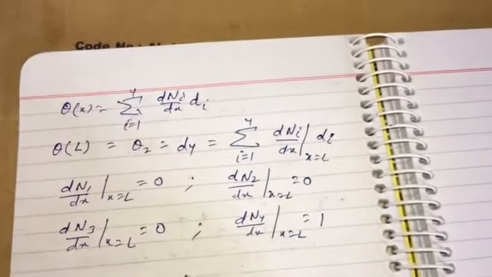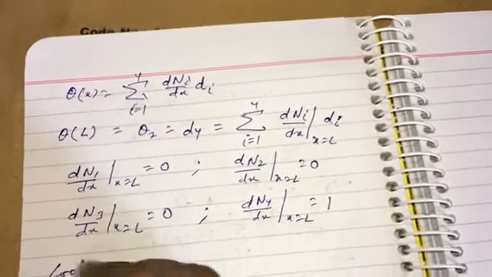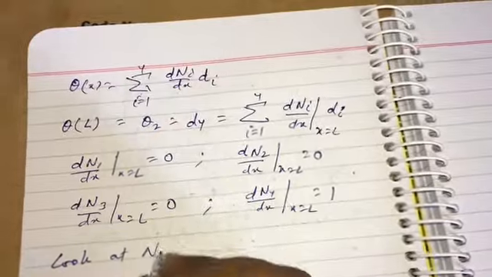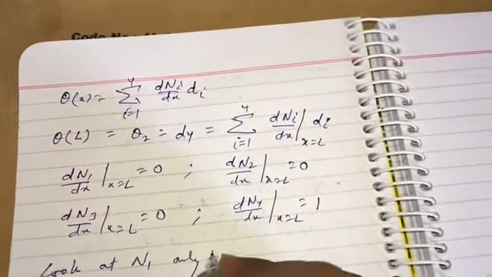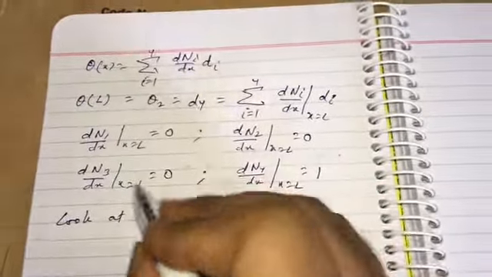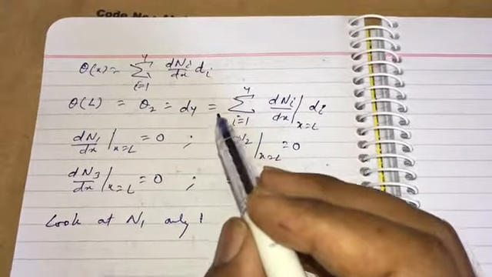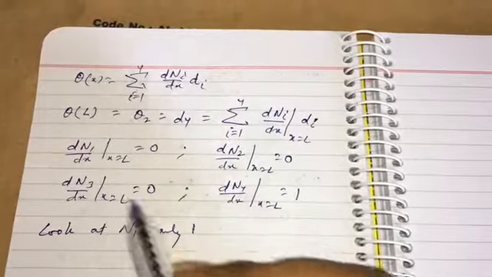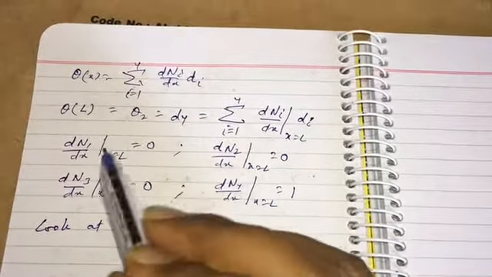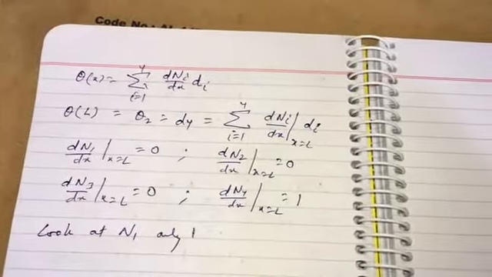So let's now look at N1 only. We got four sets of constraints, and all of them have N1, N2, N3, N4, which are evaluated at different x.